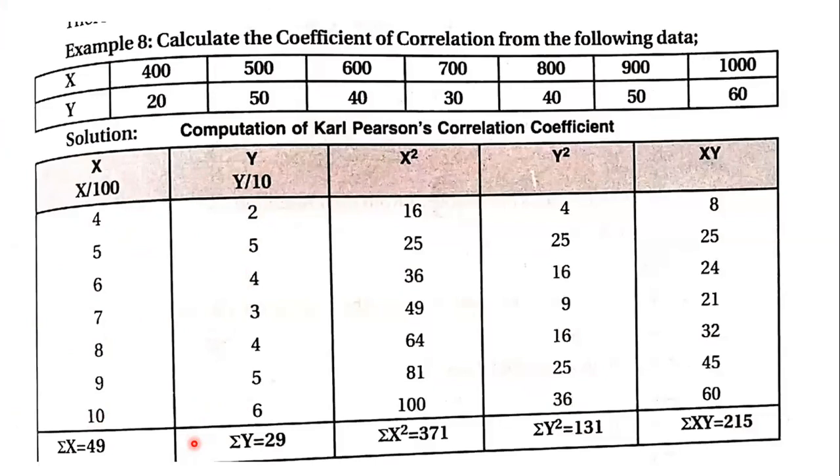Once I total them, I get the total value of sigma XY, that is 215. So we have got all the 5 totals that are required to calculate the formula.